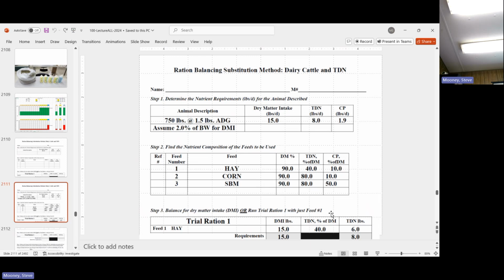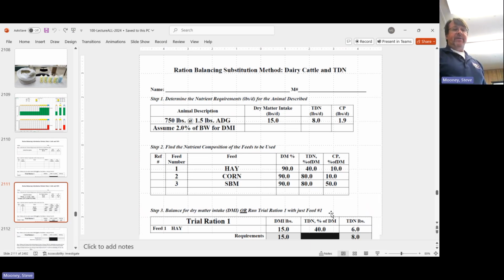Well, you have the net energy lactation form, not the TDN form, but it's the same. But you won't have the cheat sheet. You've got your instructions right on the sheet. It tells you what to do. So follow those instructions, become familiar with them, get used to moving everything down and through.